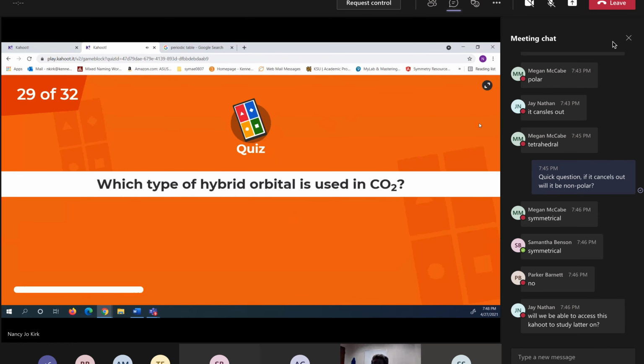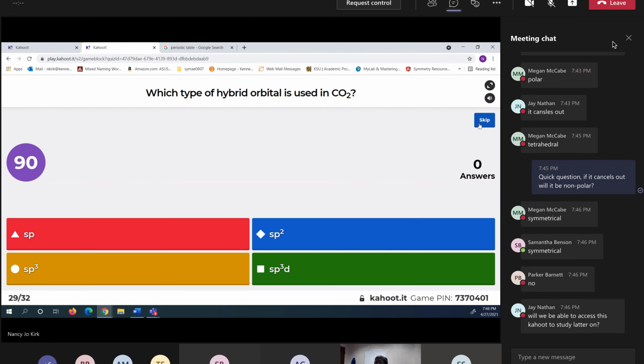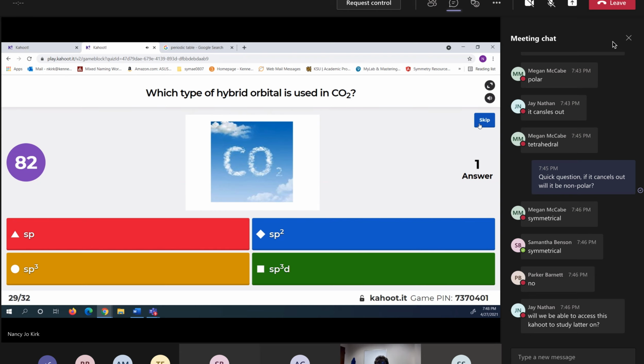All right. Which type of hybrid orbital? Do you guys remember that? Which type of hybrid orbital is used in CO2? The shape tells you. Actually, it's the electron cloud shape, the electron groups, however many electron groups you have.